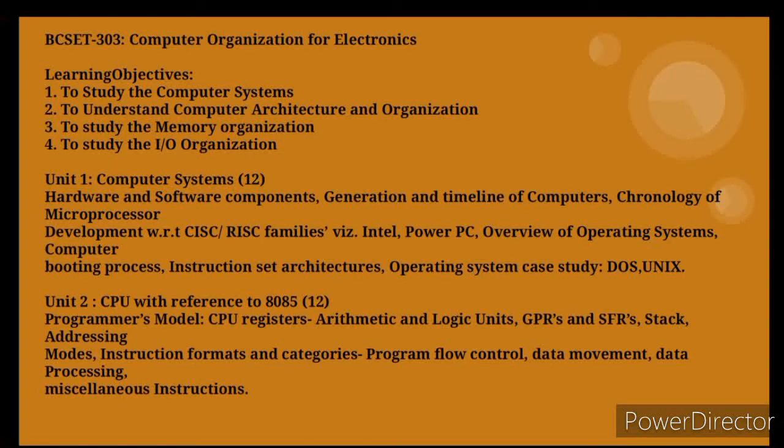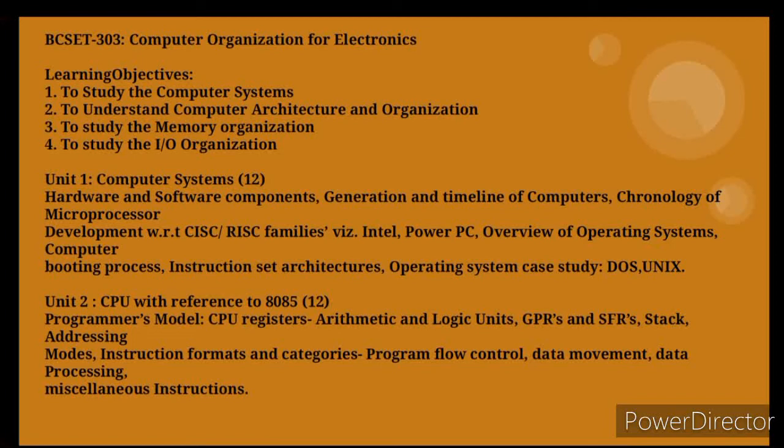In the programmer model we can see the CPU registers, arithmetic and logic unit, general purpose registers, special function registers and the stack register. Next is the addressing mode. How data is entered in the instruction is defined by the addressing modes.